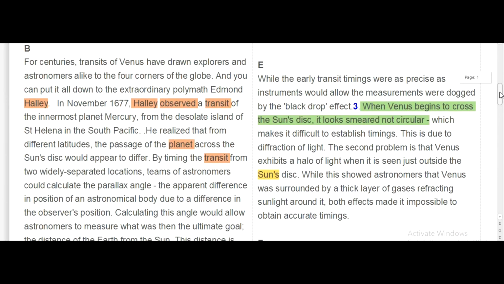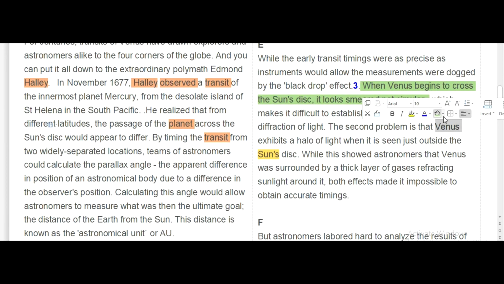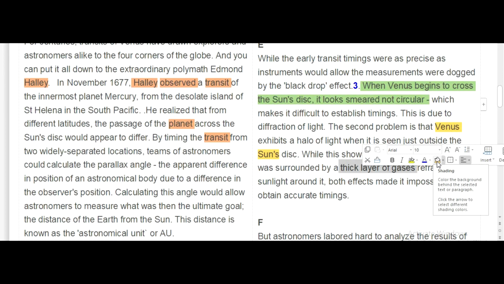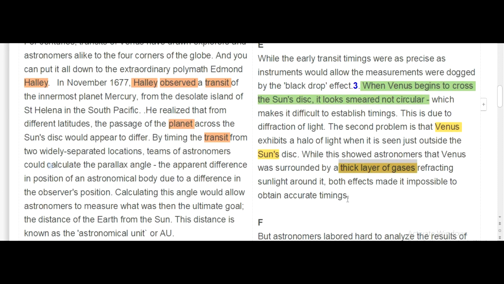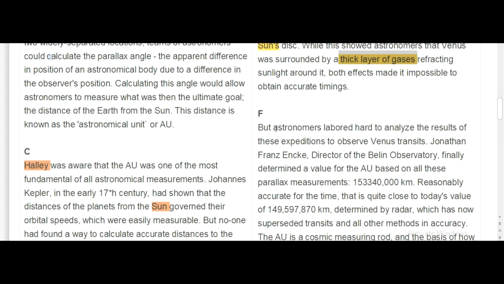Nothing is about atmosphere here. Here it says something about a thick layer of gases. That might be something. Okay, let's read this. I think astronomers here.